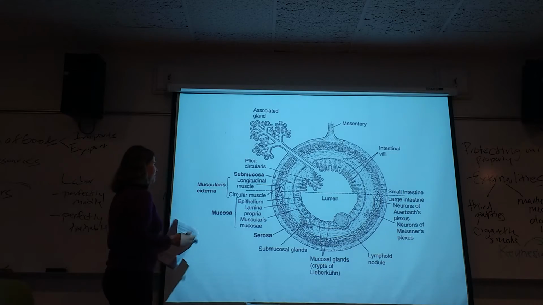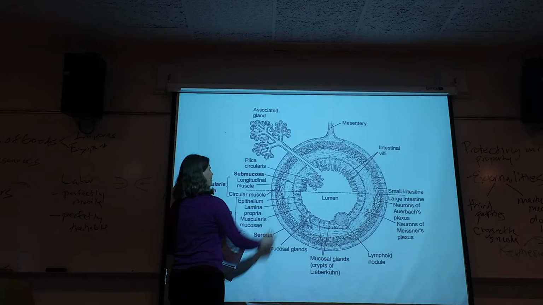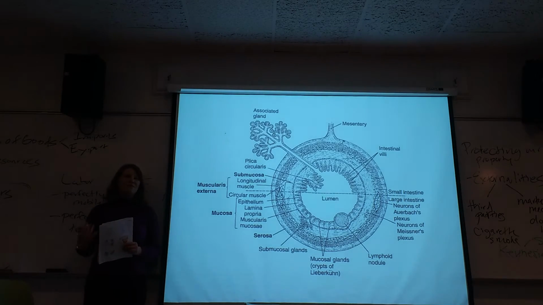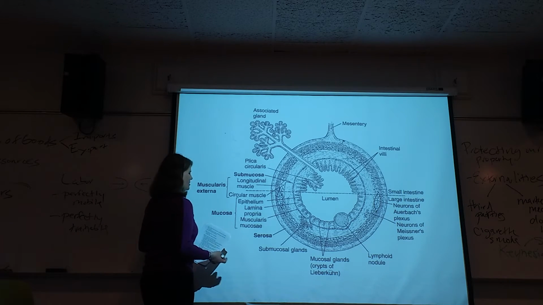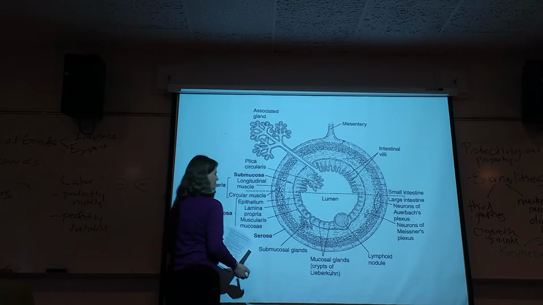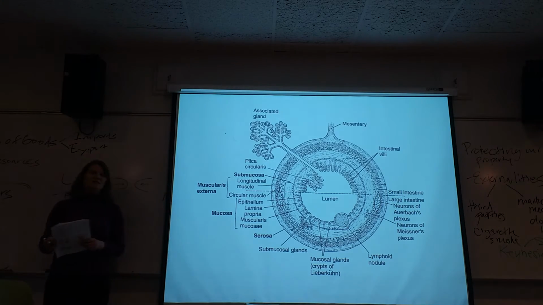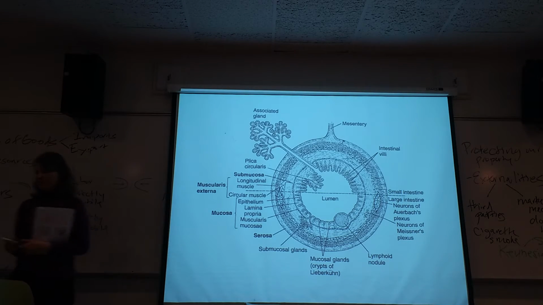And then external to that, we have the muscularis externa here. So inner circular, outer longitudinal. Maybe remembering back to intro bio where you probably got to look at slides of this. And then finally, the adventitia, which is called a serosa if we have a mesentery. So this is the serosa here. Okay, so you should know the four different layers of the intestine and the alimentary canal. Okay, so we have mucosa, submucosa, muscularis externa, and adventitia or serosa.